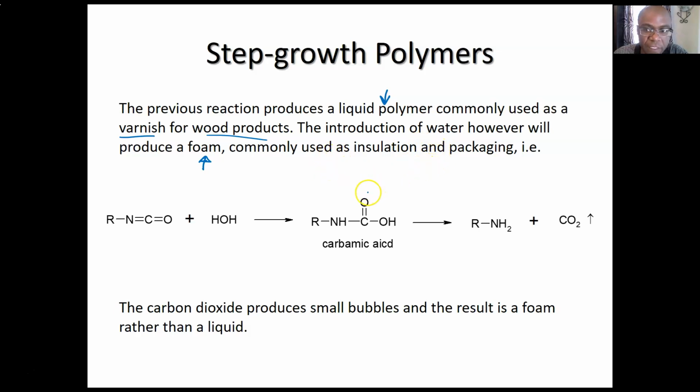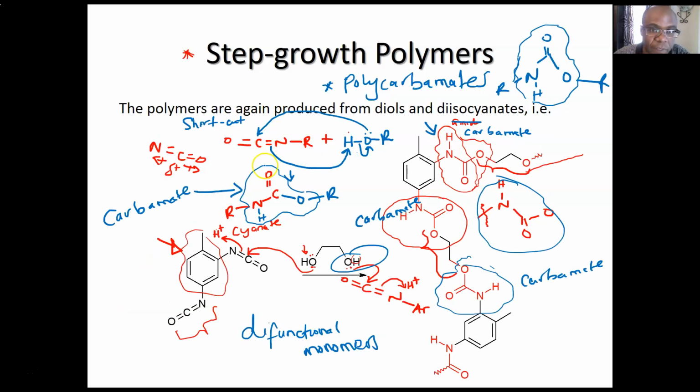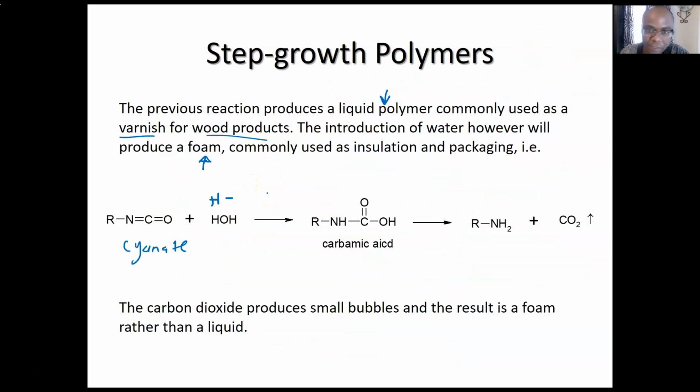You get a foam. So if this is your cyanate and you're adding water, remember what we said, whatever an alcohol can do, like we did here, the alcohol adding to the cyanate to produce the carbamate, whatever an alcohol can do, the water can do, and vice versa.